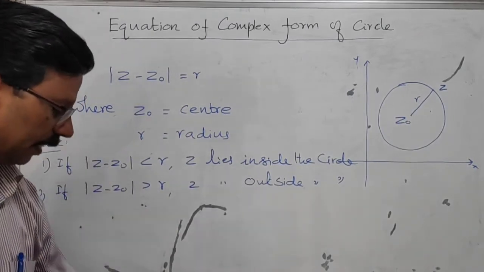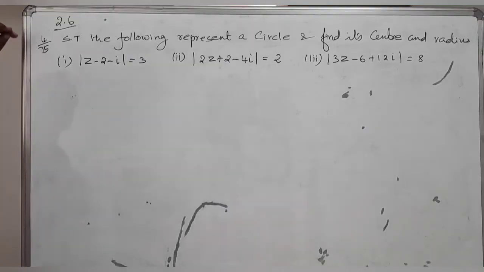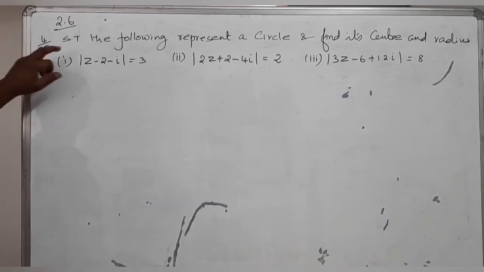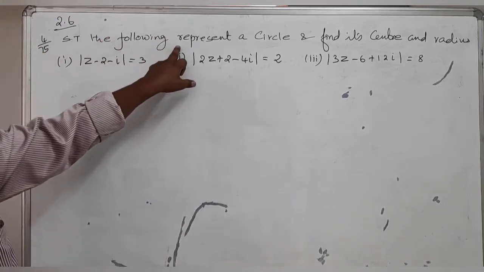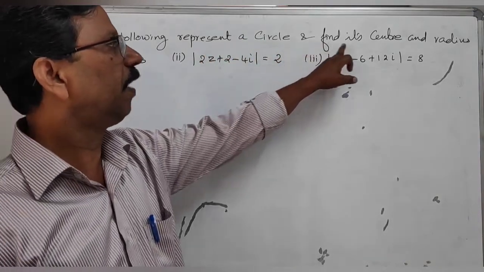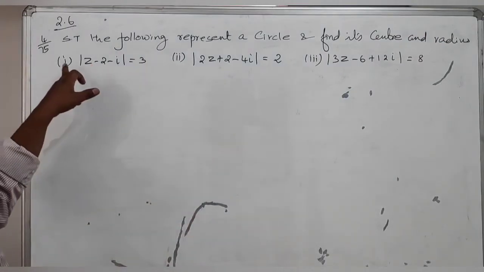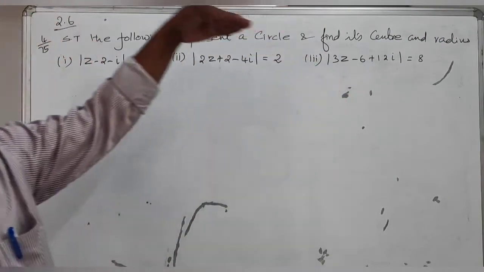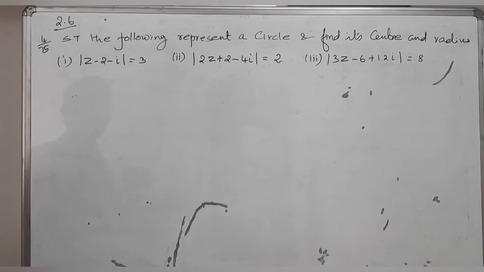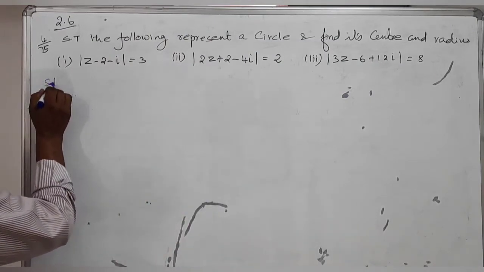Now let us see the exercise problems. Let us see the fourth problem of exercise 2.6 given at page number 75. The question is, show that the following equations represent a circle and find its center and radius. Now we need to show that these three equations represent a circle. What is the equation of the circle in standard form?